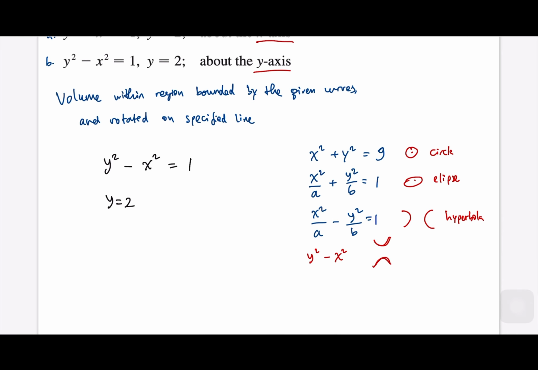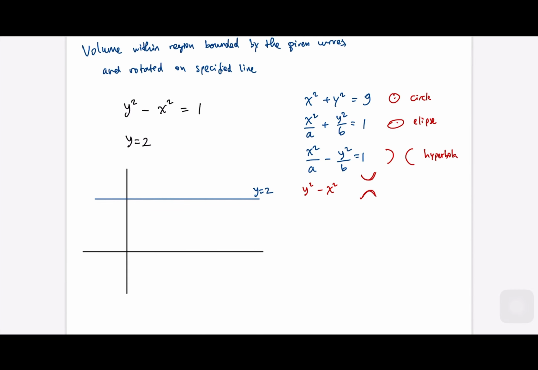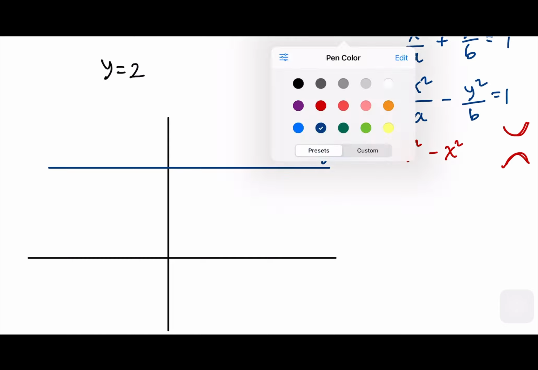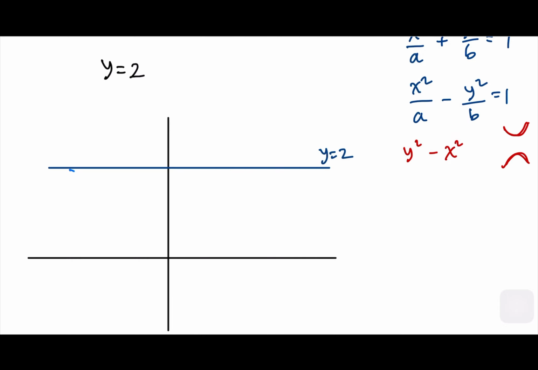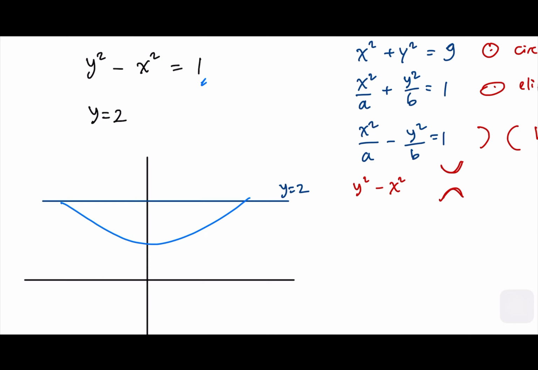So if we draw, let's say this is y equal to 2. Now the hyperbola will probably be around here. As it is 1, I need to make sure that it's crossing 1 here.